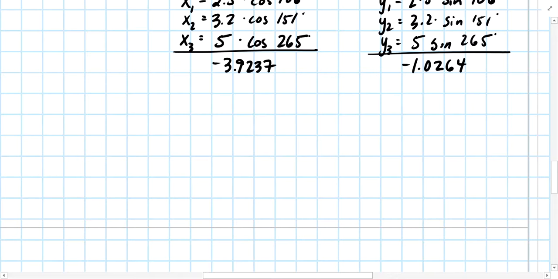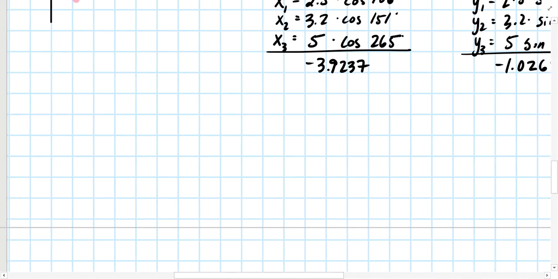Well, if I'm leftward 3.9, I should actually move rightward 3.9, and if I'm 1.02 units below the target, then I need to move up 1.02 units in order to return to target. So the direction is just the opposite of what we just calculated.